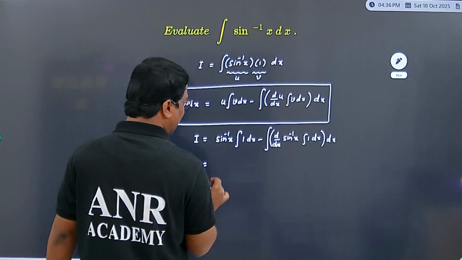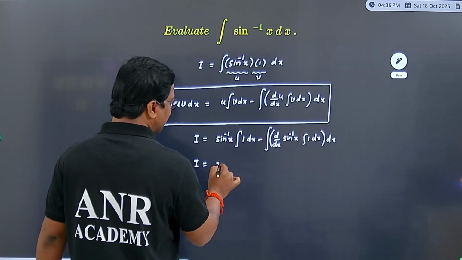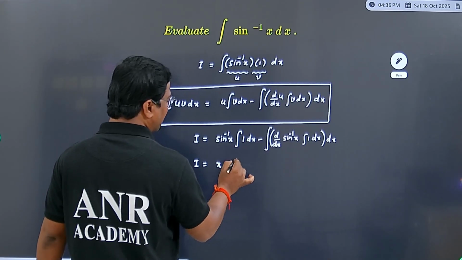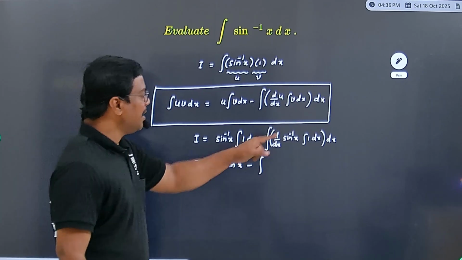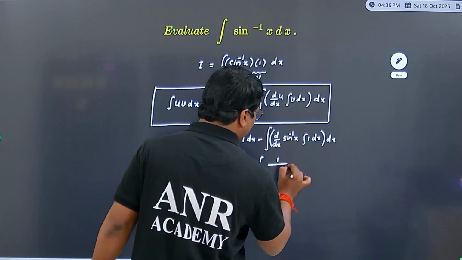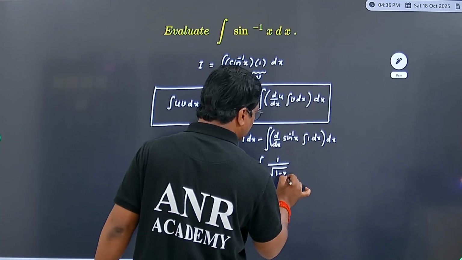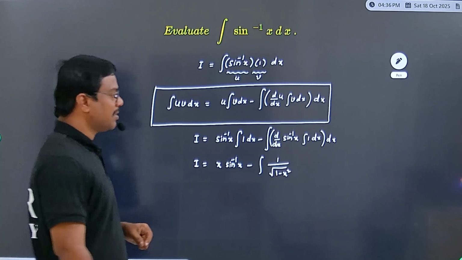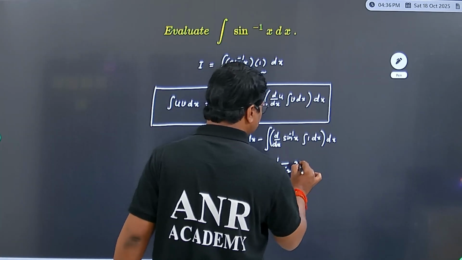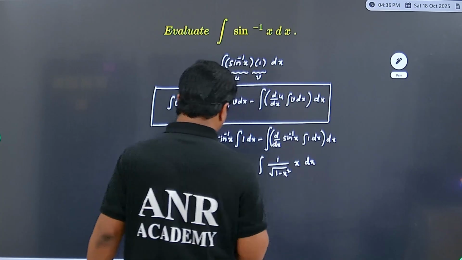Therefore, the value of I equals integral 1 dx, which is x, multiplied by sine inverse of x, next minus integral of the derivative of sine inverse of x, 1 by root over 1 minus x square, next integral 1 dx, which is x, dx.